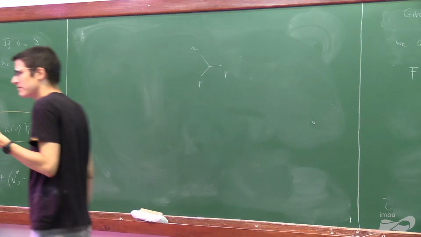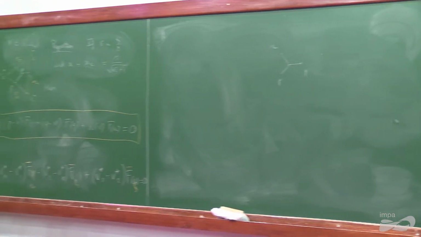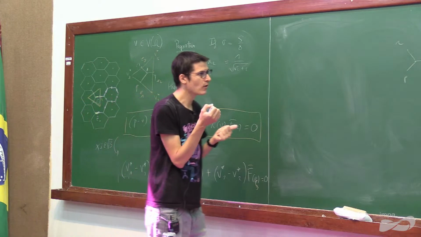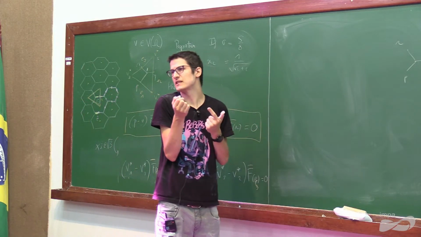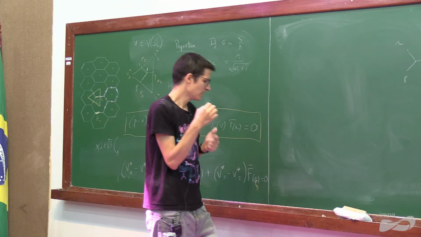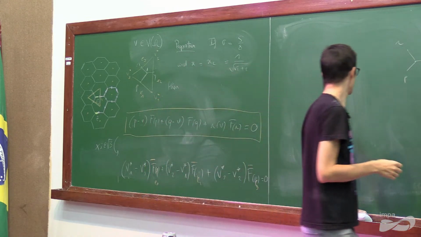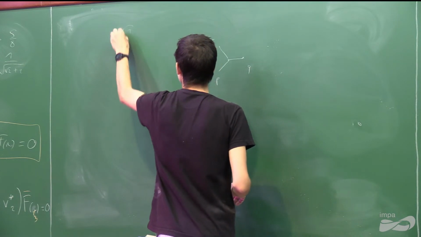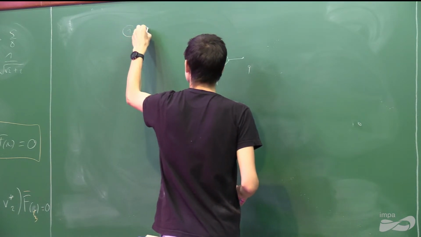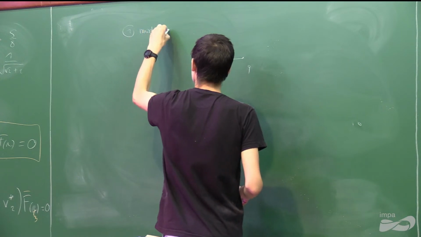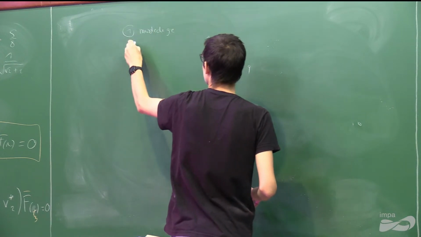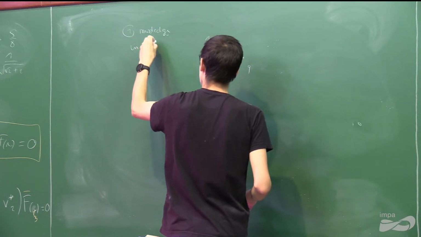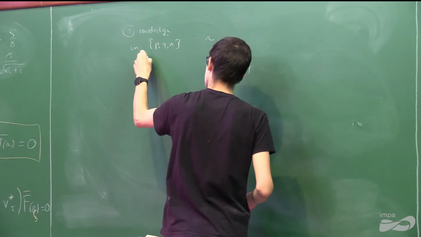Either you will visit one of these three mid-edges, and you will stop when you visit it, or you will visit two of them, or you will visit three of them. If you visit one of them, your walk will look like this. One mid-edge, PQR visited.